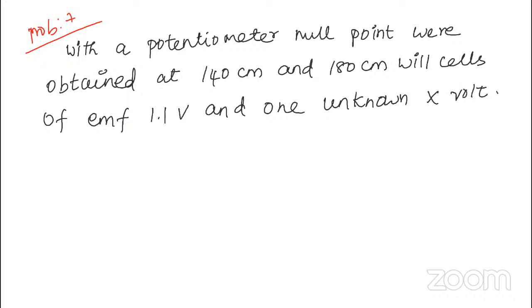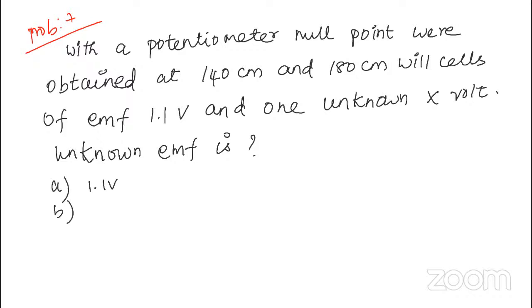Then what is the unknown EMF? So here they have given the options. A is 1.1 volt, B is 1.8 volts, C is 2.4, and D is 1.41.